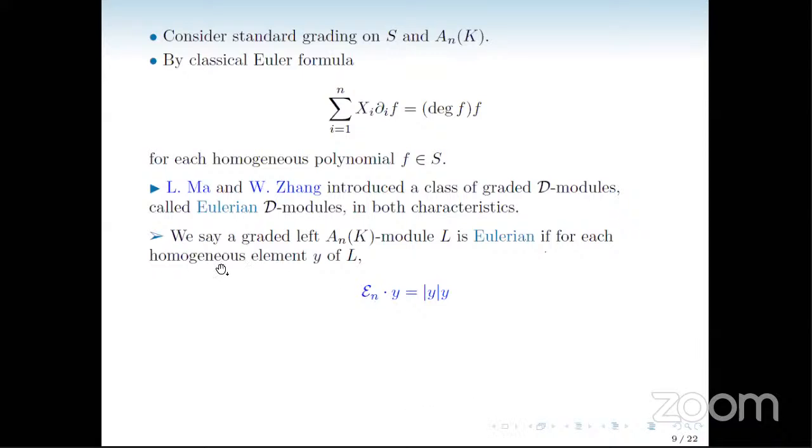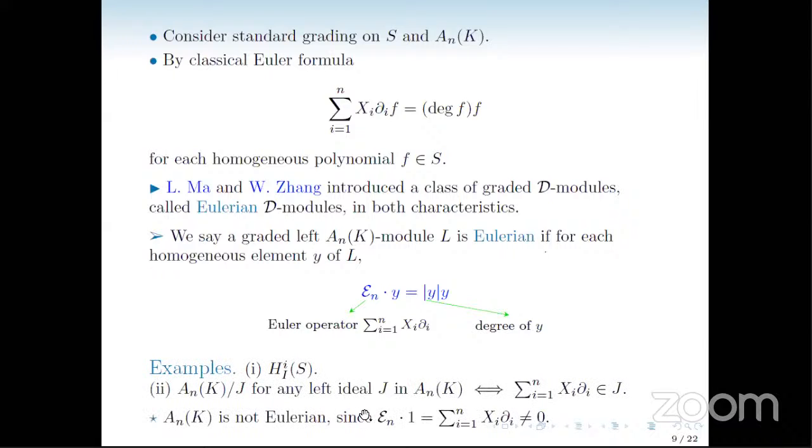So if the characteristic of the field is 0, then we say a graded left A_n(K)-module L is Eulerian if each homogeneous element y satisfies this equation. So here eta_n is the Euler operator which is the summation of x_i ∂_i, and by |y| we denote the degree of y. Notice that this Euler operator has degree 0.